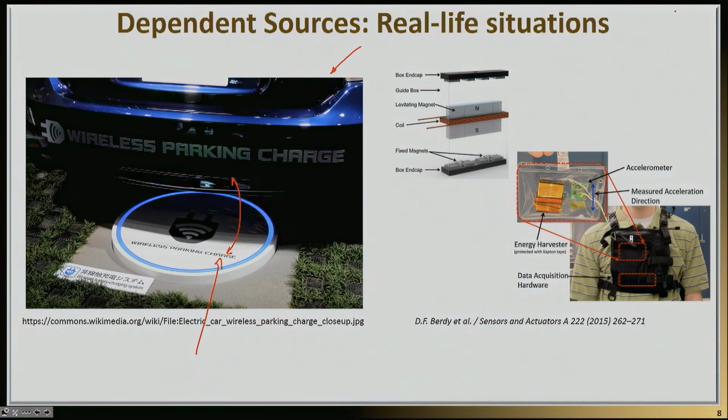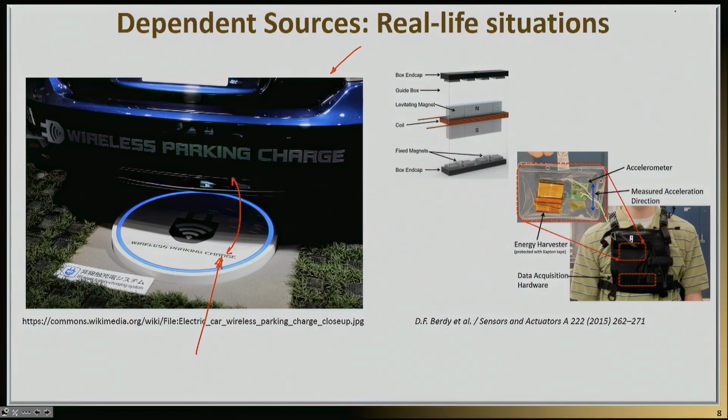So as far as the car is concerned, essentially you have a dependent source. There is a dependent source inside the car that is basically charging the car, and that dependent source depends on how much power you have on the wireless charging mat, and also how far away this vehicle is from the wireless charging mat. If the vehicle is too far away, the source will simply be turned off.